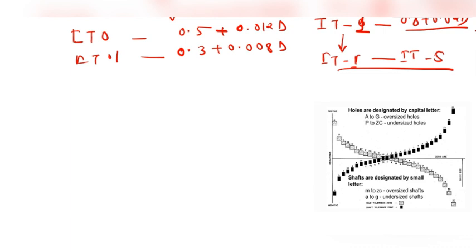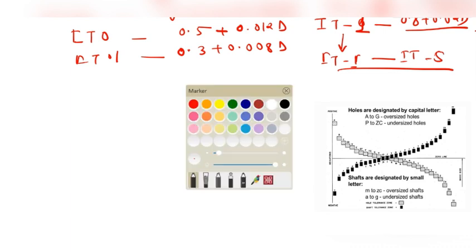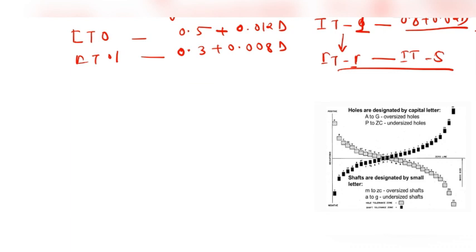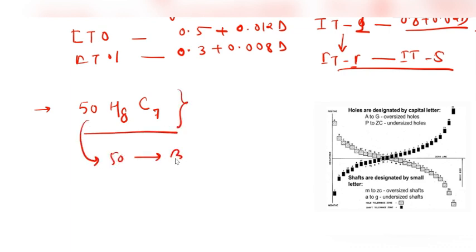Now let's take an example. Suppose we are given a hole and shaft assembly by a designation. Suppose this is 50 H8 and this is c7. So what does it represent? So 50 is the basic size of the shaft.